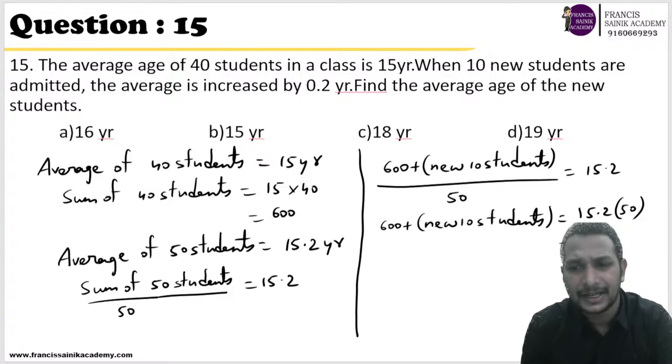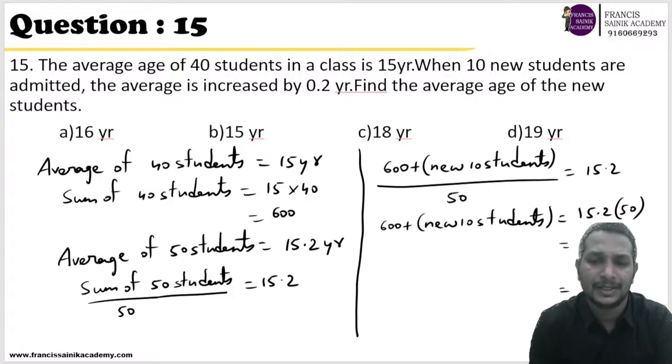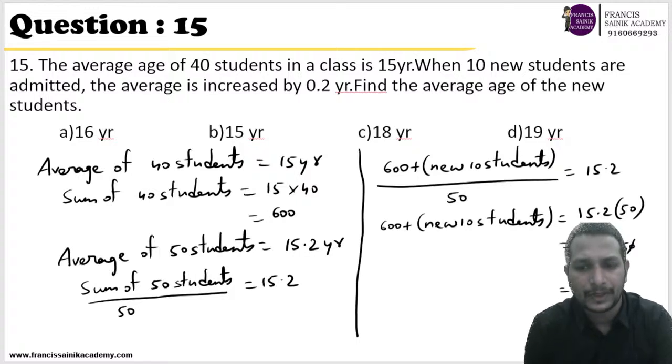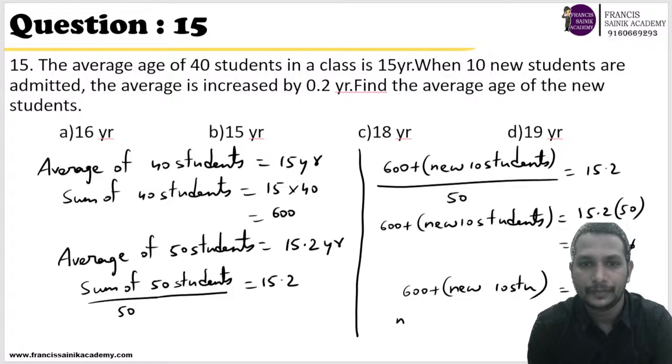As far as decimals are concerned, we can convert to fractions, which gives 510. So the students' data is 600 plus the new 10 students.